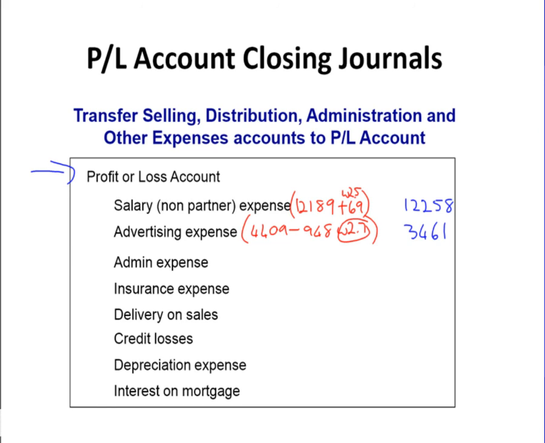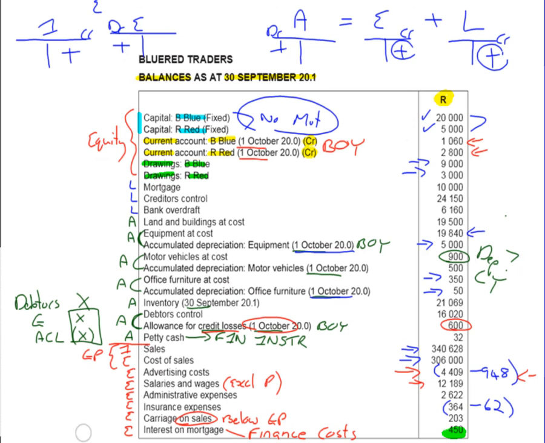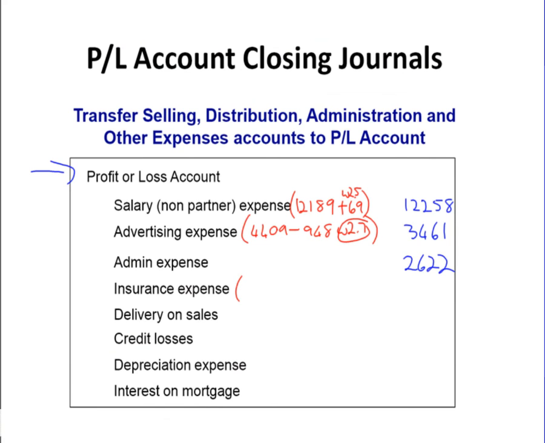Admin expenses. Admin expenses were straightforward. That was 2622 straight out of the trial balance. Then insurance. We also had a prepaid expense on the insurance. Insurance, if we have a look for it, insurance expense was a 364 minus the 62.